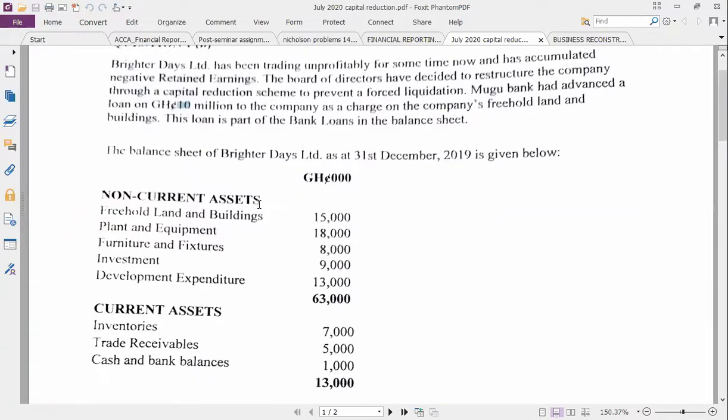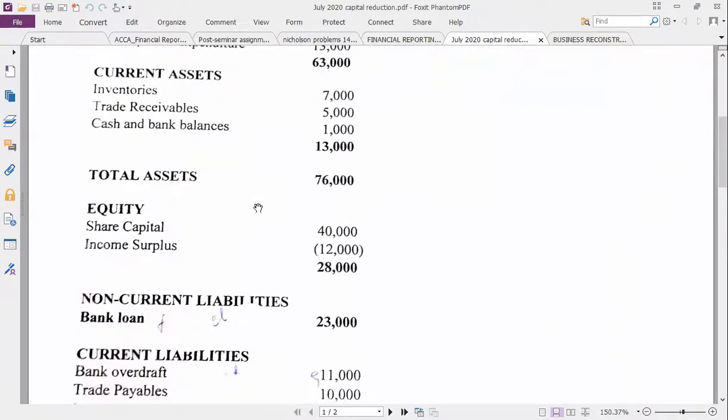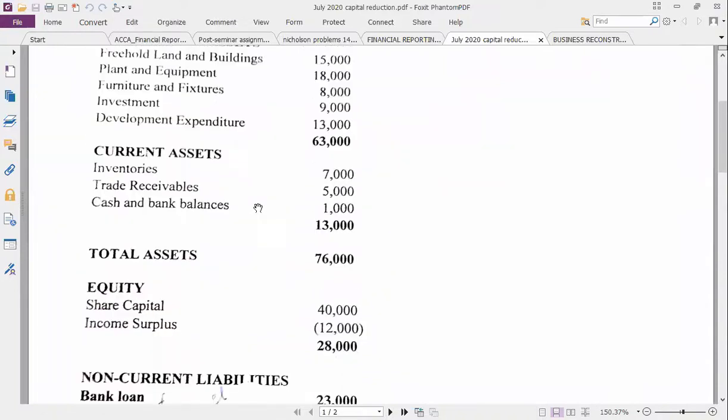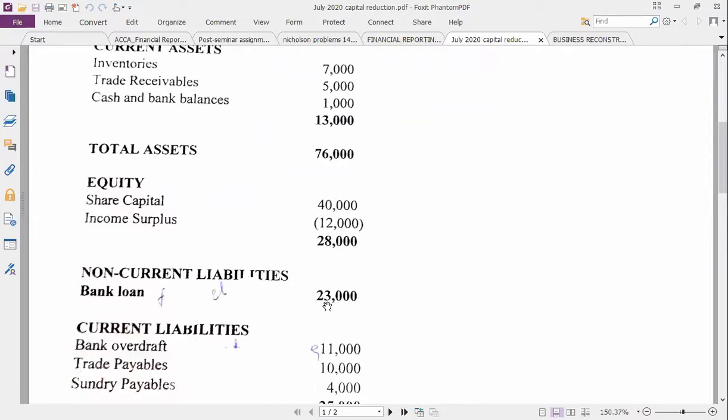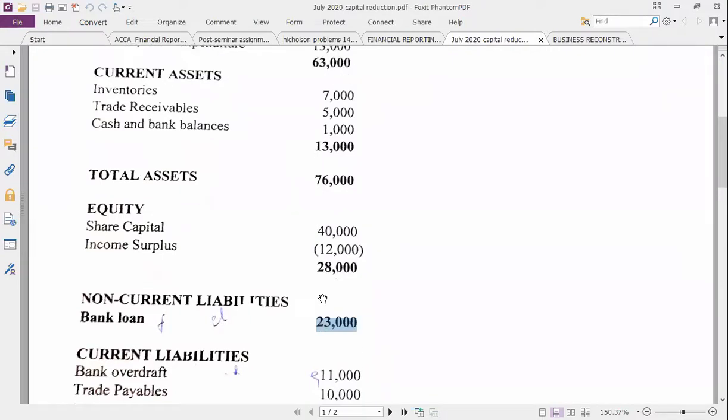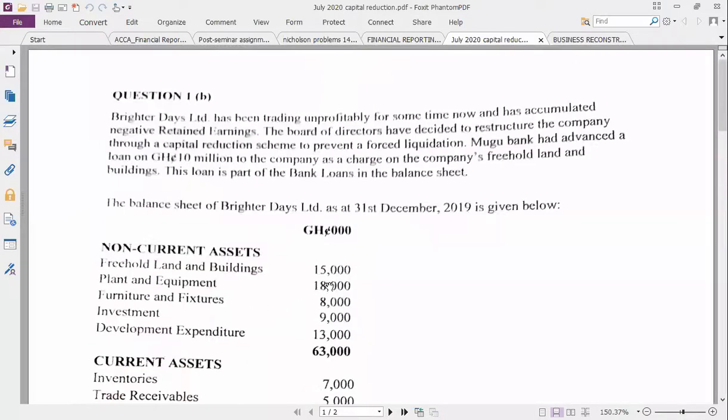Number two, the other loan: if the entire loan that we have is 23 and Mugu's own is 10, then the other bank's will be 13 million. That one is secured on plant and equipment.